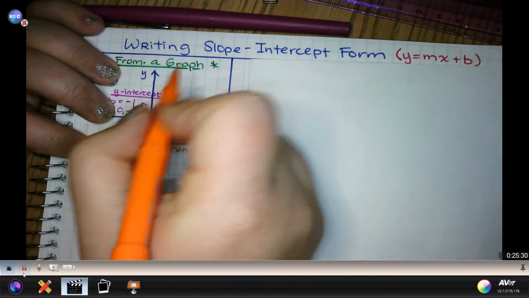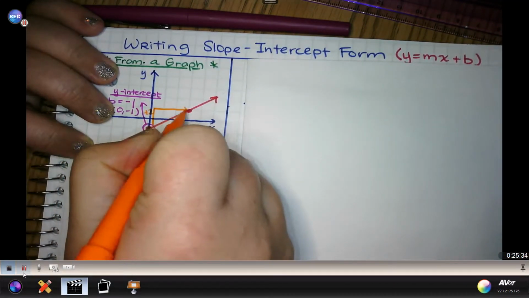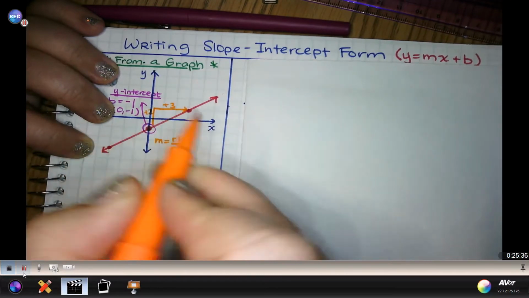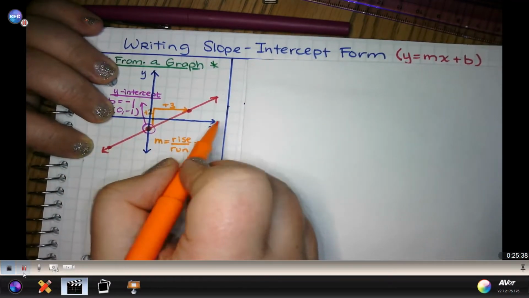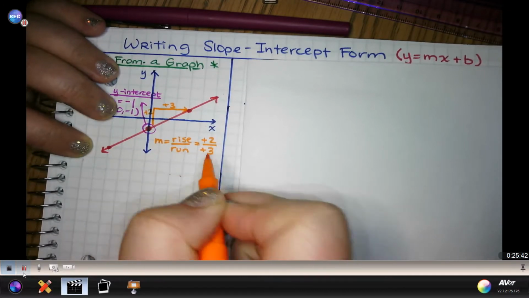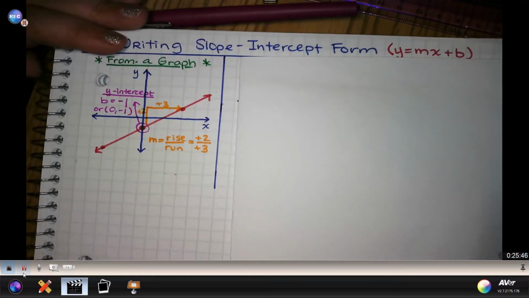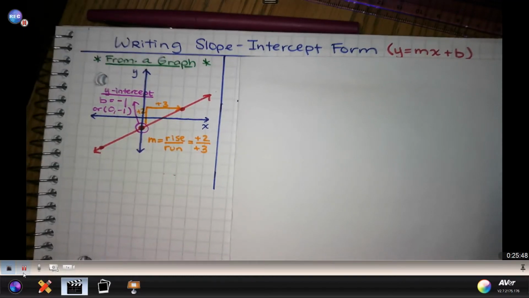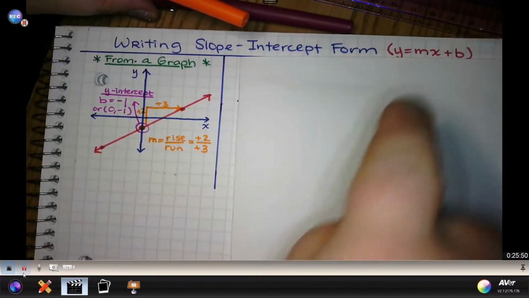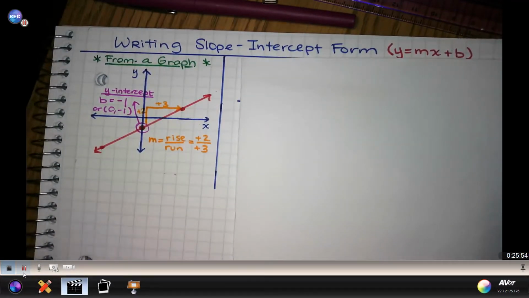So here, we're going up, so it's +2. And then we're going right, so it's +3. So the rise is +2, and the run is +3. Again, you don't need to write the positives because they're already implied. So from here, all I need to do is I'm going to bring this down here. Y equals mx plus b.